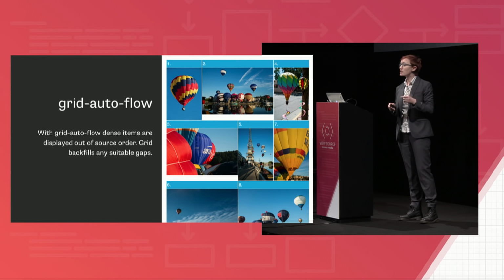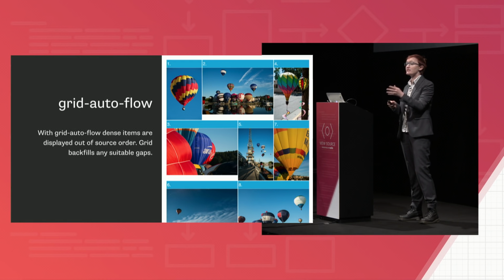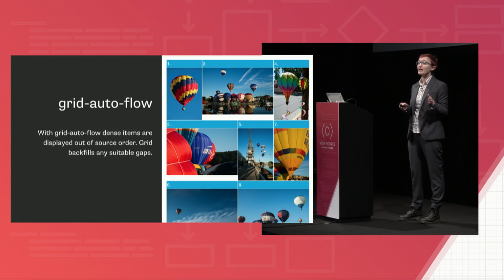It moves through the content, it finds an image that will fill a gap already left, and so it picks that up and it places it into the space, taking it out of DOM order. You can see that item 4 now becomes before item 3 in the visual display, which is absolutely fantastic for your image gallery, not so great for your form.